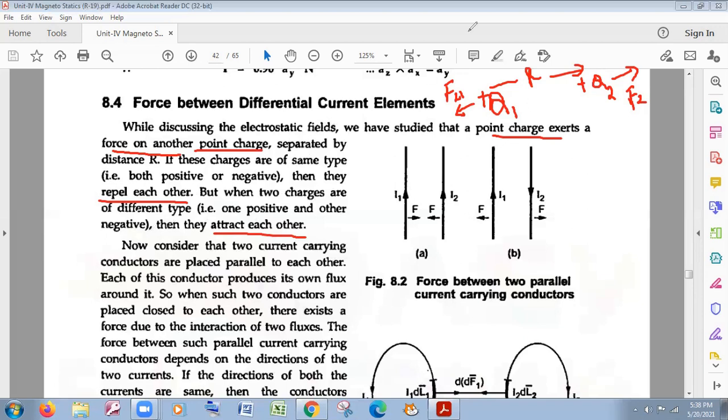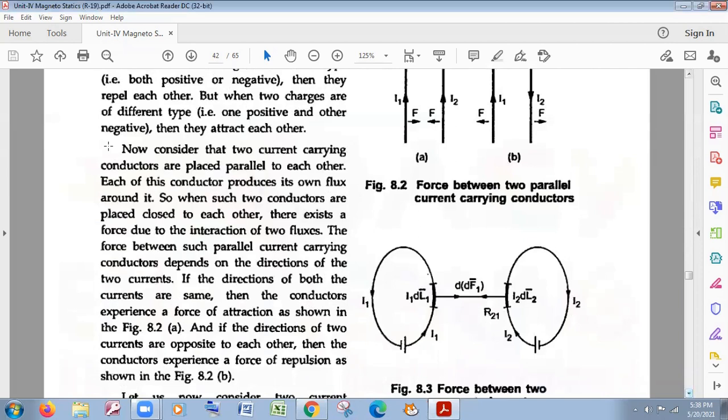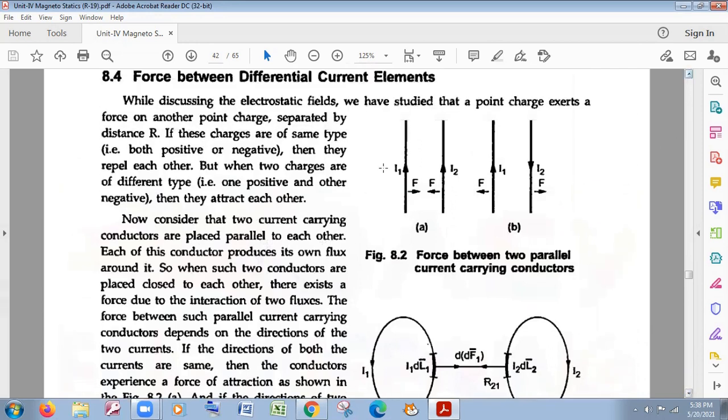Now, in magnetostatics, it is not due to charges, it is due to current. Consider two current carrying conductors placed parallel to each other.